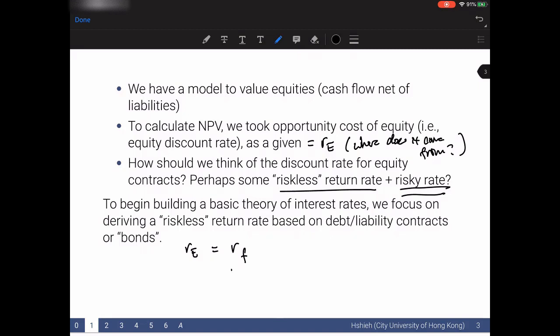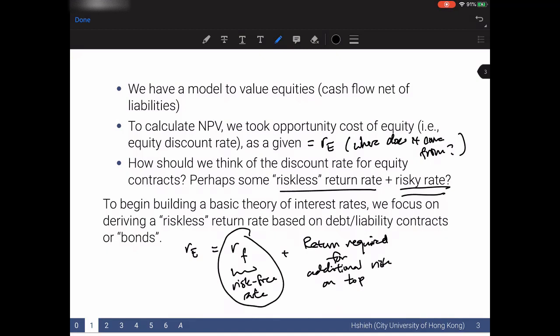So I'm going to write risk-free rate plus, and then the term after the plus, I'm just going to write the return required for additional risk on top of RF. Okay, so today our goal is to focus on RF.